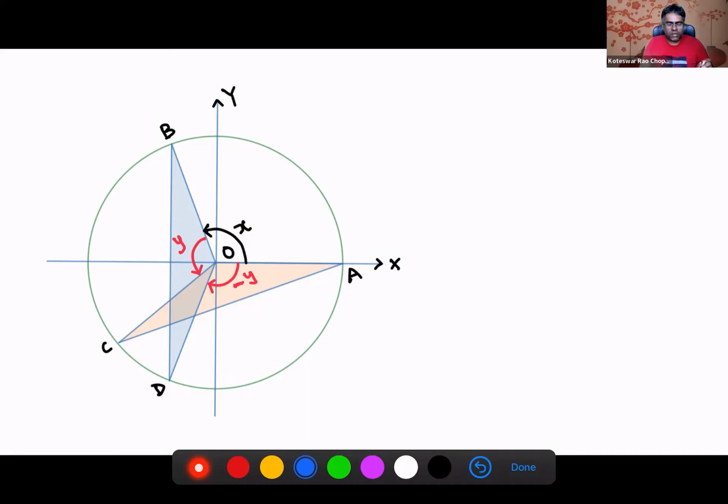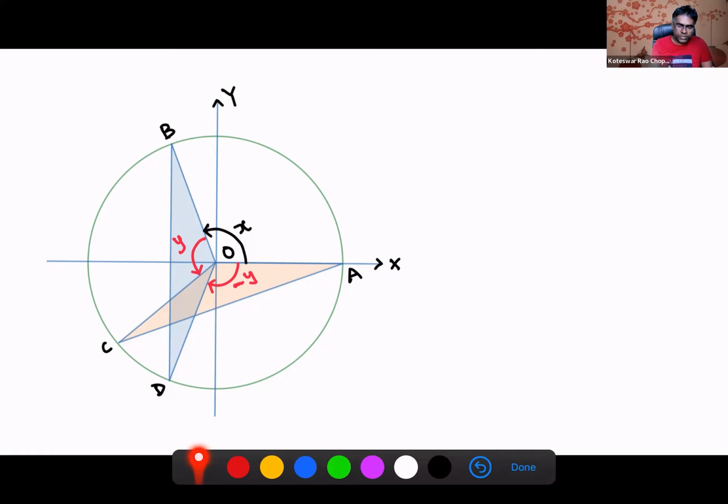Now what is a unit circle again? It's a circle of radius 1 unit. Here I'm showing you a few angles. Let's look at these 4 points. Point A is on the x-axis, and the other 3 points B, C, D are somewhere else.